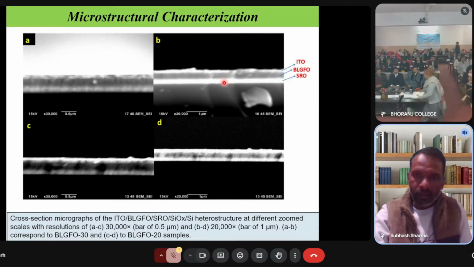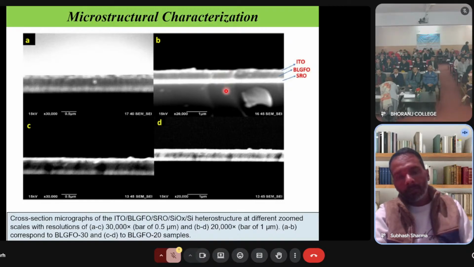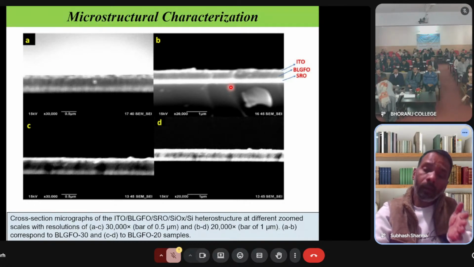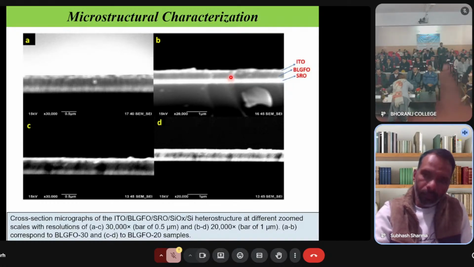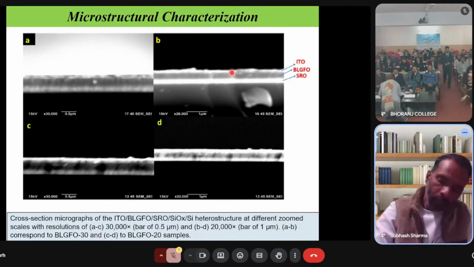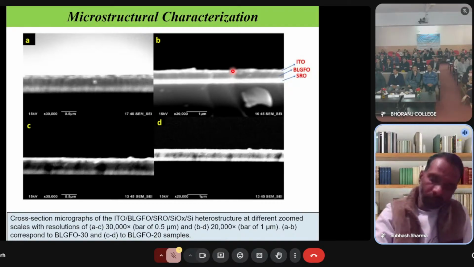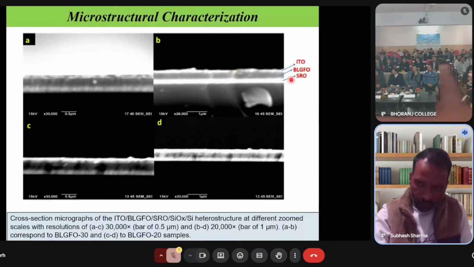So this is SRO, BFO, and on top is ITO. Maybe the student asks how you can define this. From elemental analysis or EDS, you can confirm this is SRO, this is BFO, and this is ITO. ITO is the top electrode for solar cells, so that maximum power can be absorbed by the absorber material. In this case, the absorber is BFO, a multiferroic material.